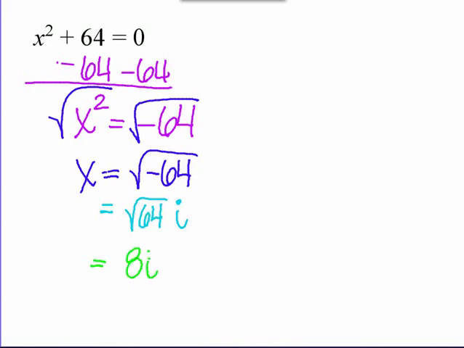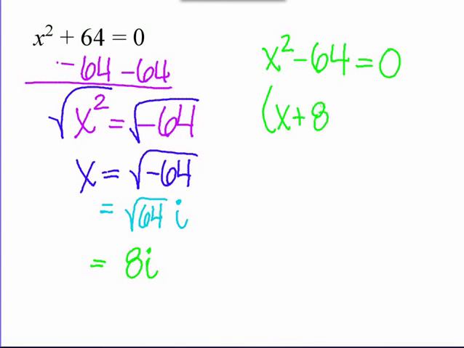Now, one of the things I want you to think back to is when we did the x squared minus 64. When I did x squared minus 64 and I solved that, that meant x plus 8 times x minus 8, right? And how many answers would I get here? 2. And what were those 2? Positive and negative 8. And remember how I showed you how you could do the plus or minus?